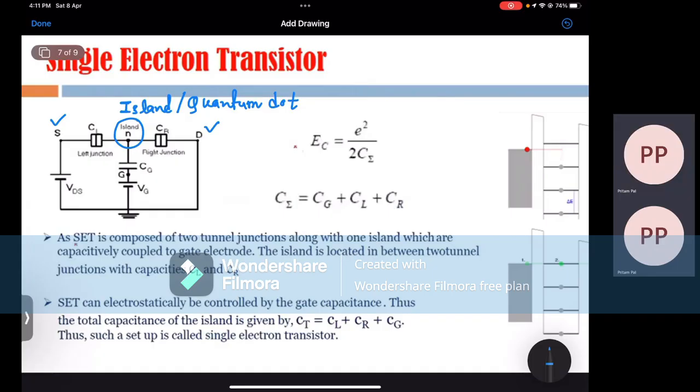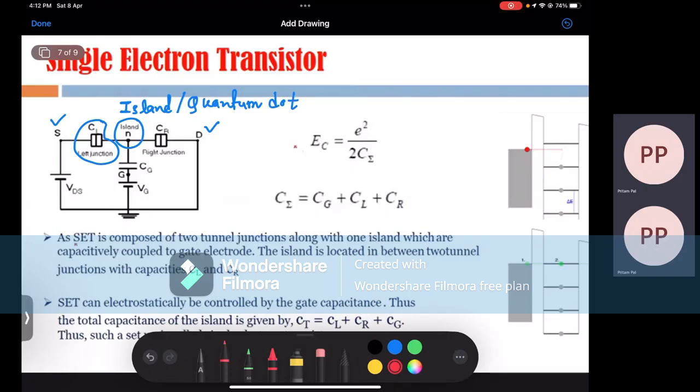Since there is an insulating layer, practically, in the diagram I show there is a gap, right? But practically it is implemented with the help of an insulating layer. You can just consider this the insulating region.